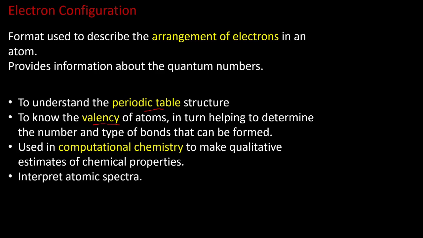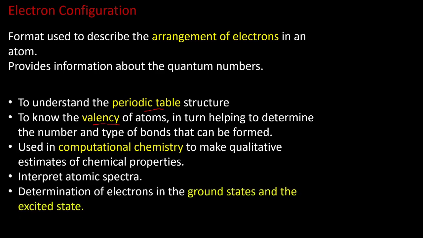To understand and interpret any atomic spectra, again, we take the help of electron configuration, and it will also help to determine the number of electrons in the ground state and the excited state, which is a prerequisite to study many kinds of spectra, inferential studies, and so on.